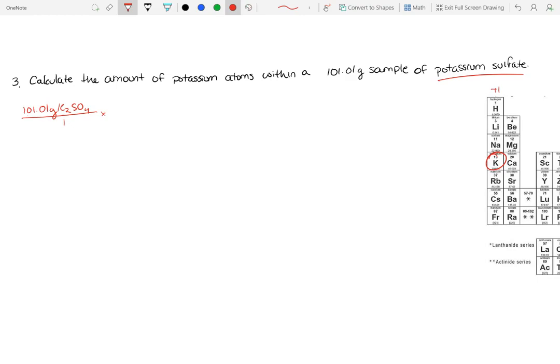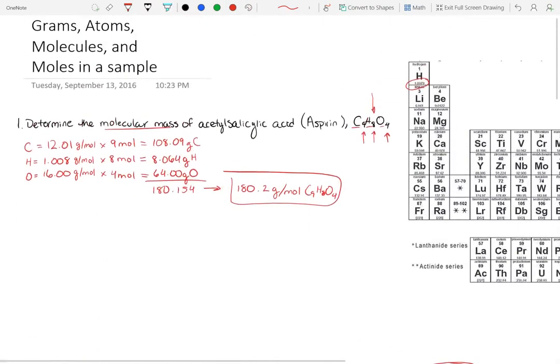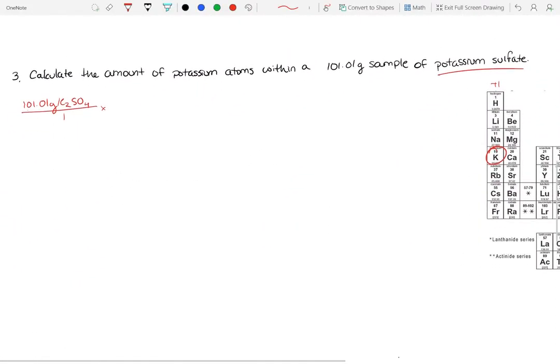So how are we going to do that? Just like we've been doing up here, molecular mass. The molecular mass allows us to go from grams to moles. So we're going to add potassium, which is 39.1 grams per mole. And remember, there's 2 moles here, so 2 moles, plus 1 mole of sulfur.